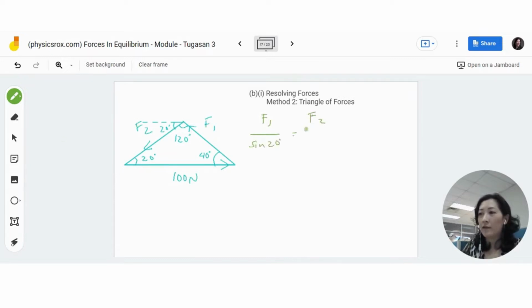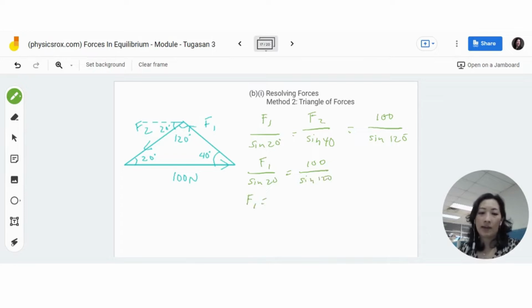f2, opposite angle is 40. So we're going to put f2 over sine 40. And 100, opposite angle is 120. So sine 120. So from here, if we want to solve f1, remember you can ignore the in between. So f1 over sine 20 equals 100 over sine 120.